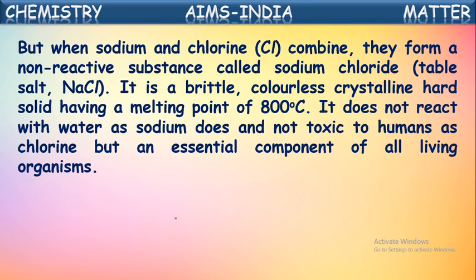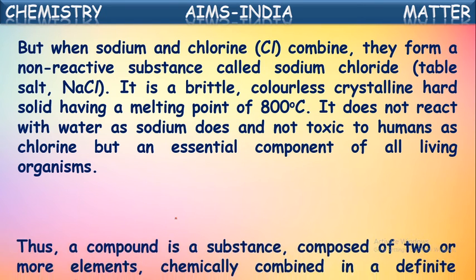See, when sodium and chlorine, which have certain properties, are combined, they form sodium chloride, which has entirely different properties from those two. It does not react with water like sodium, and it is not toxic to humans like chlorine, but is an essential component of all living organisms. See how different it is, isn't it?